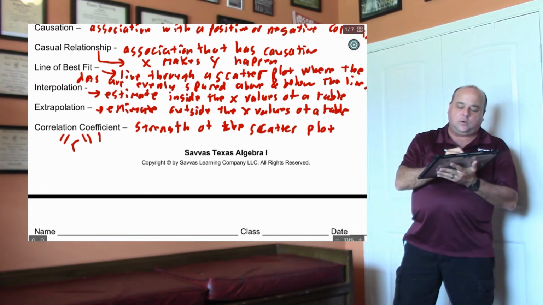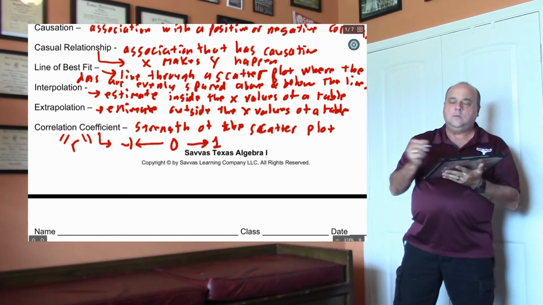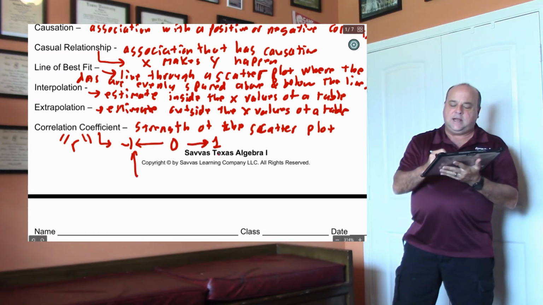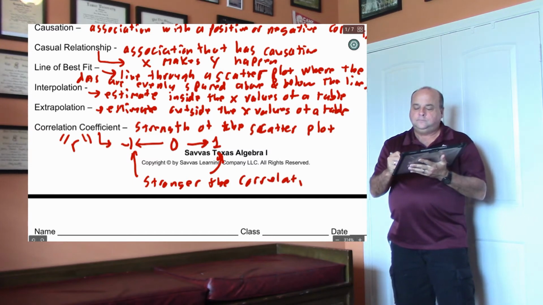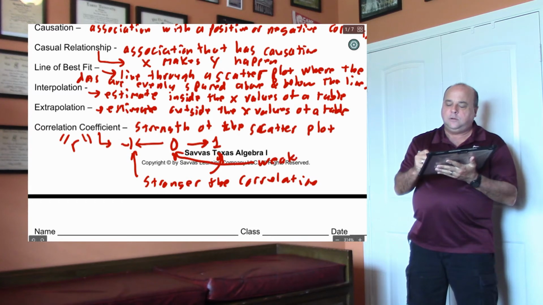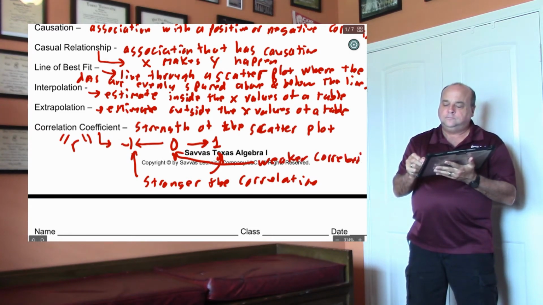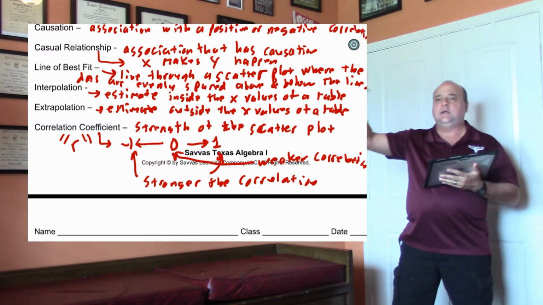Your correlation coefficient will go from -1 to +1. The closer it is to -1 and +1, the stronger the coefficient, or stronger the correlation. The closer to 0, the weaker the correlation.